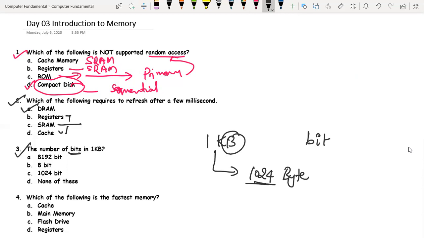And in a byte, how many bits are there? A byte means 8 bits. So it is multiplied with 1024, and if you solve it, it comes to 8192. Otherwise, just see that only this number matches here, 8192 bits. So that's the correct answer. You just multiply 1024 with 8 and it comes to 8192.